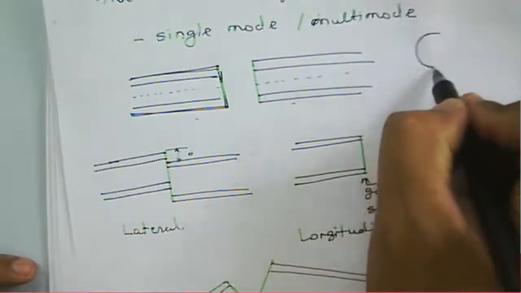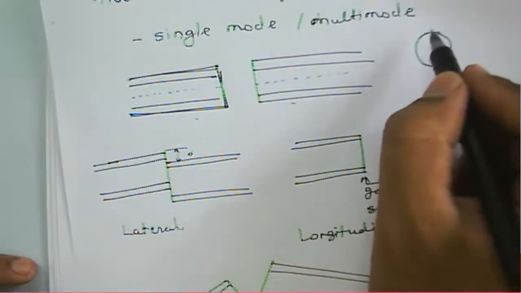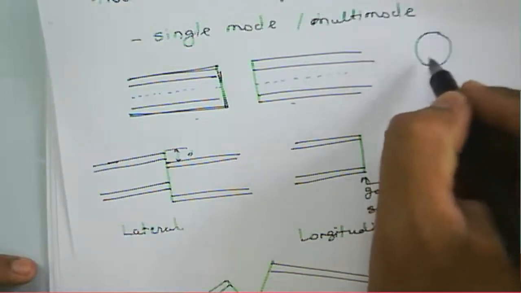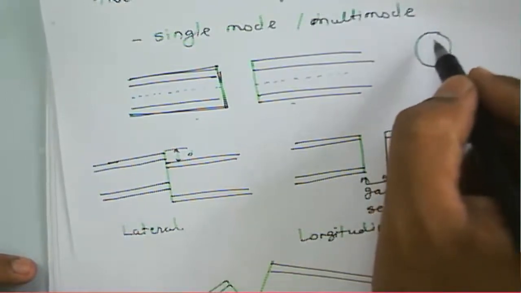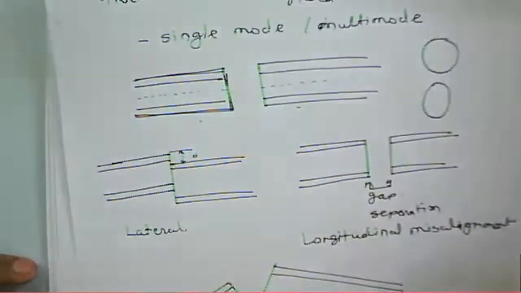Okay, there is a small variation in this particular core diameter. Or the core area, instead of circular, will be elliptical; ellipticity is there.